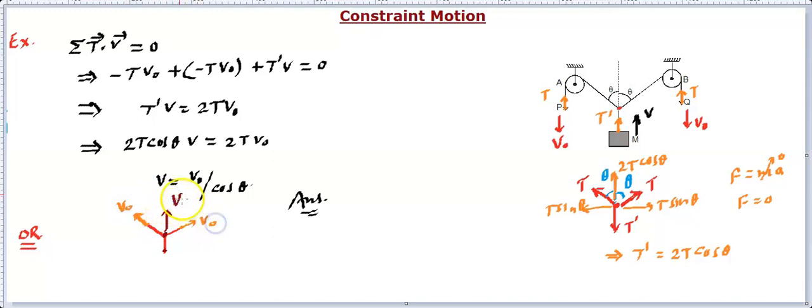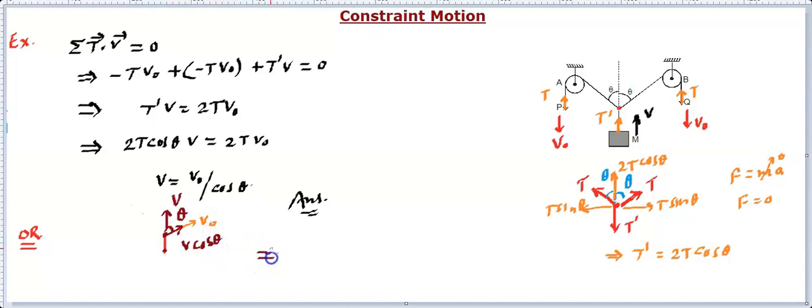This will also act as a component of this velocity. So you can make this velocity component in either of the two directions. Let's say we are making it in a particular direction, so we are considering only this part. So this v can be made into two components, one in this direction, where this angle is theta, so this component will be v cos theta, and another component you can draw perpendicularly, v sin theta, but that's not needed over here. So that means this component is equal to this.